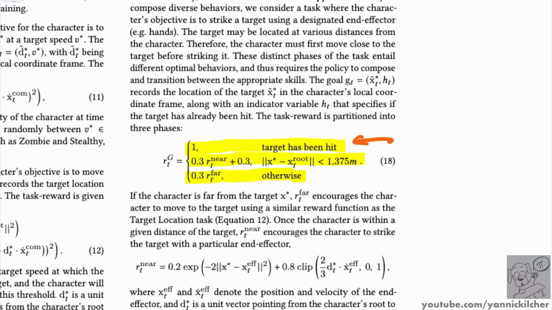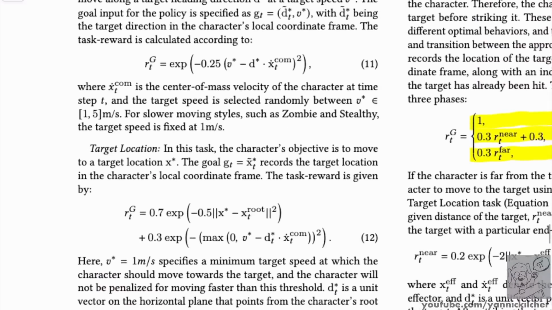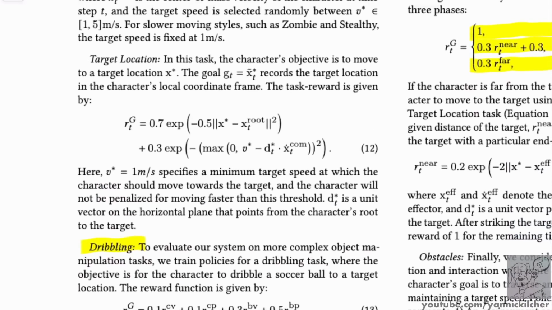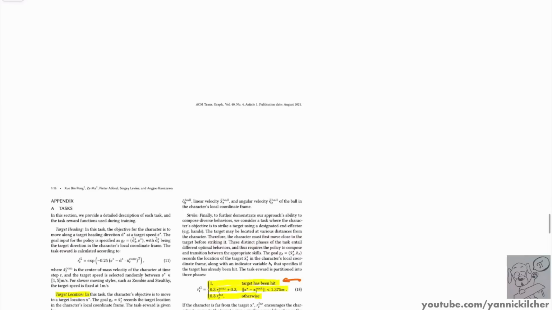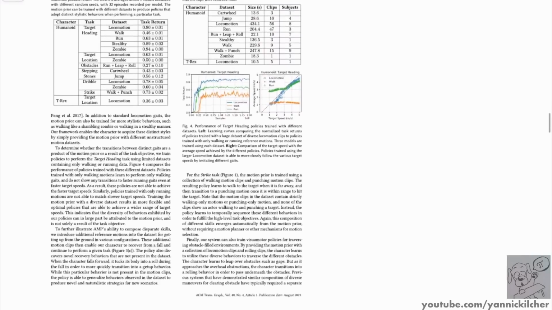So you want the agent to kind of approach the target fast, but then kind of slow down. And also, if you look at something like dribbling where there's a ball involved, there is a lot of reward shaping going on. Even in target location, there is a lot of reward shaping going on where you sort of encourage the agent to have certain velocities and so on.